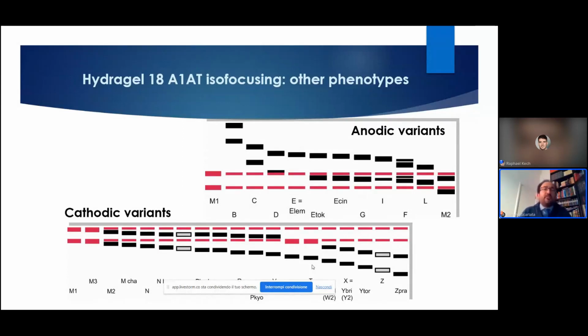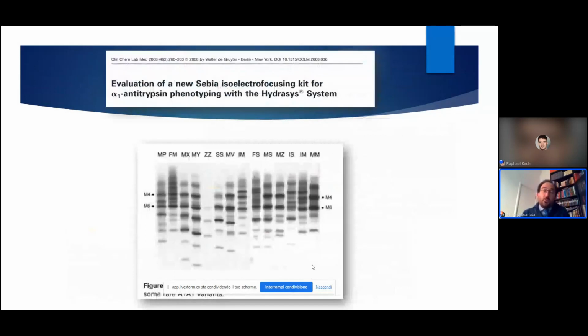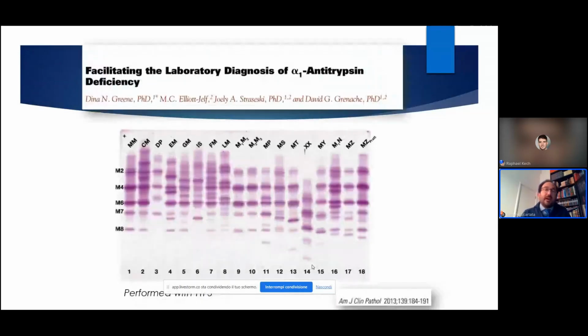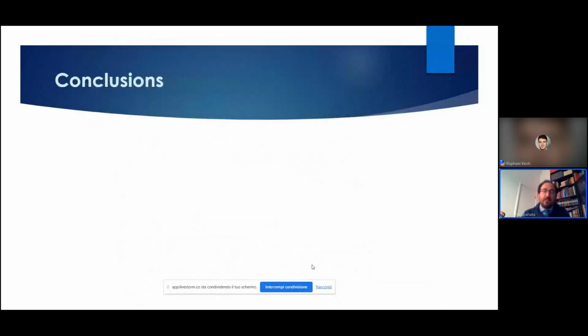But cathodic variants also exist, and again, you should be able to recognize them properly. Please note that this approach has been validated, and several studies prove how this works and how this is useful for proper diagnosis, and how this may facilitate the work in your diagnostic lab.